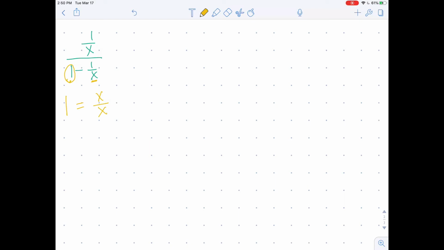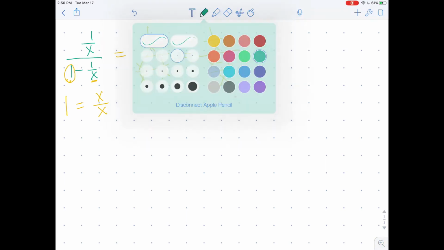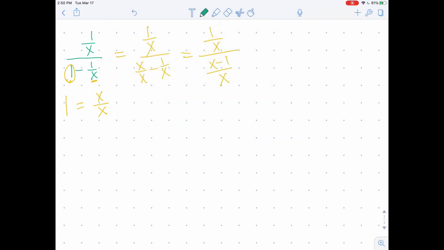Okay, so we're going to change this 1 to x over x. So then it would be 1 over x over x minus 1 over x, which we can rewrite that bottom part as x minus 1 over x. So now we just have 2 fractions.